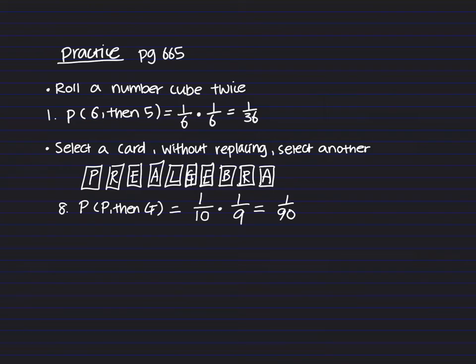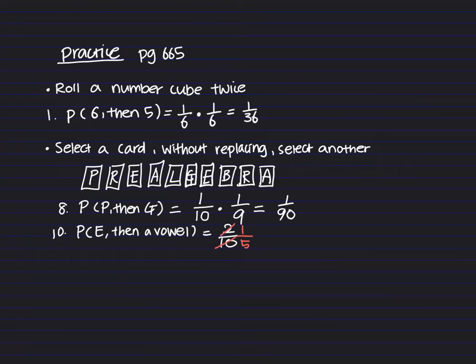Now for number 10, it's asking you to find an E and then a second vowel. So again, you're going to start with a total of 10 cards, and then you're going to count how many E's you have. I have 1 and 2 E's. Because I can simplify the numbers, I am going to simplify it into 1 over 5.